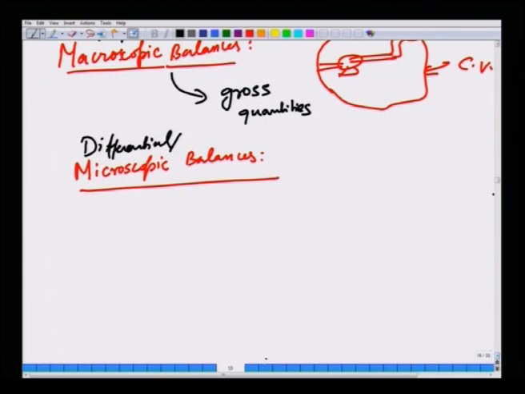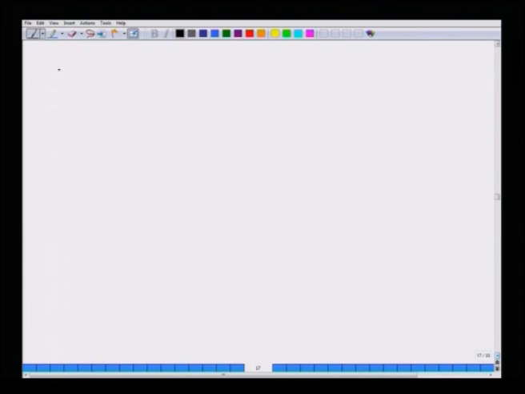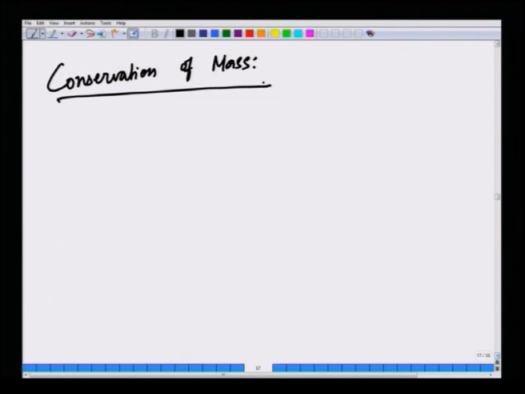Now, first is conservation of mass. The law of conservation of mass says that mass is neither created nor destroyed.